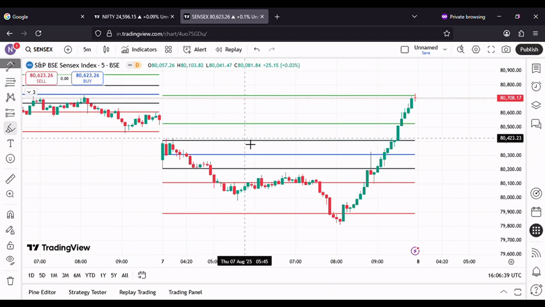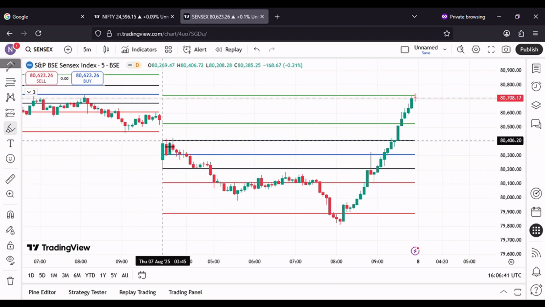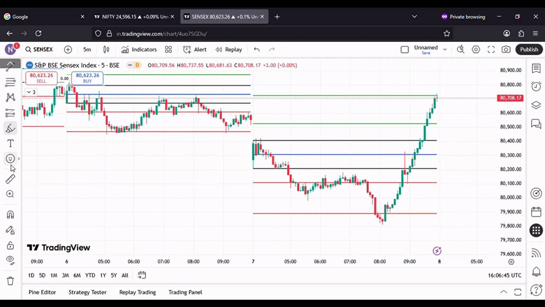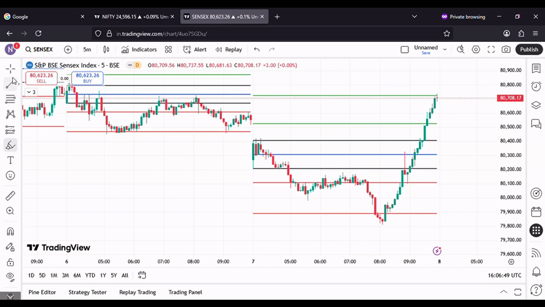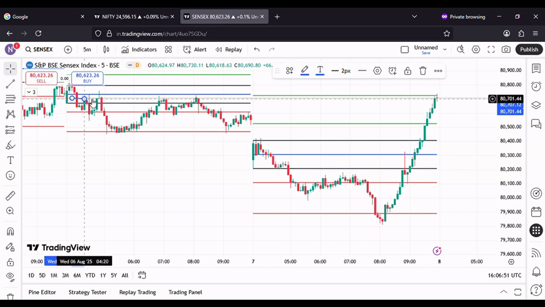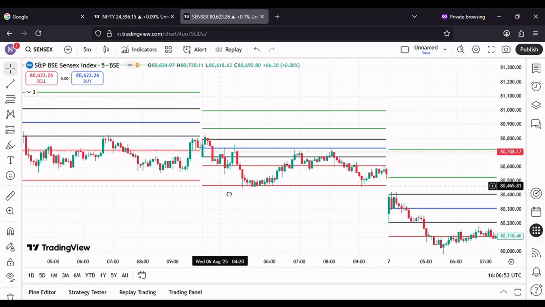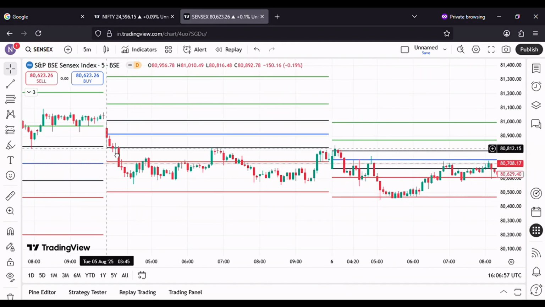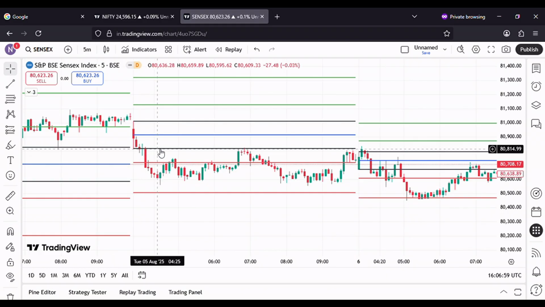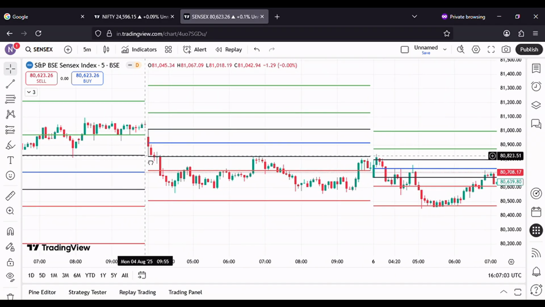This is the price-action-based strategy. See, when the first 5-minute candle's low has been broken, then it is a bearish market.